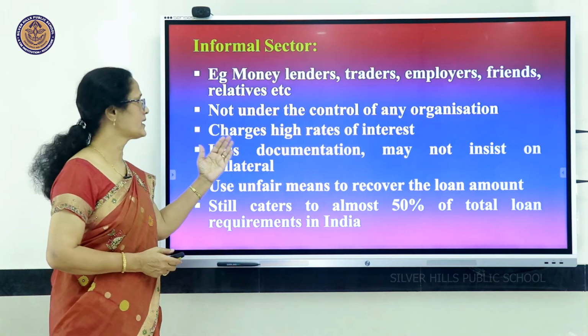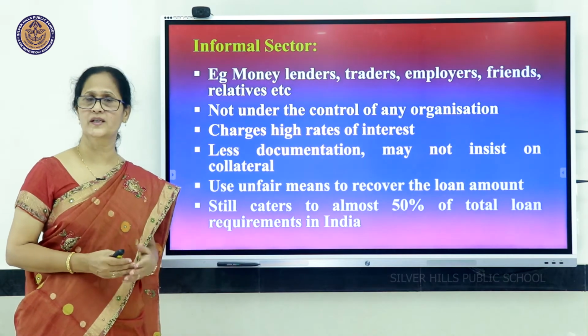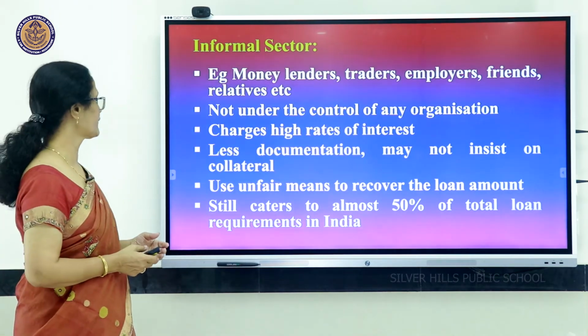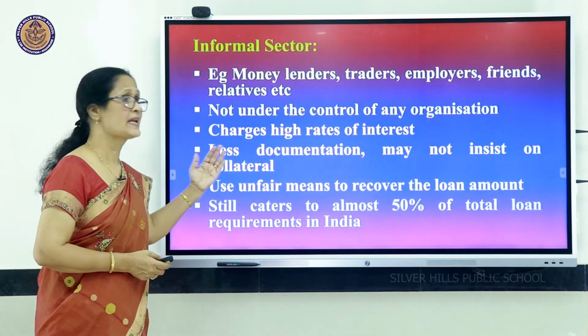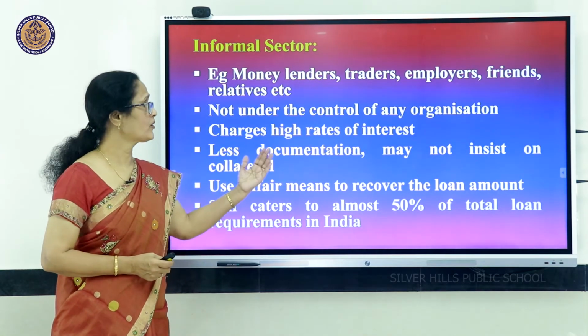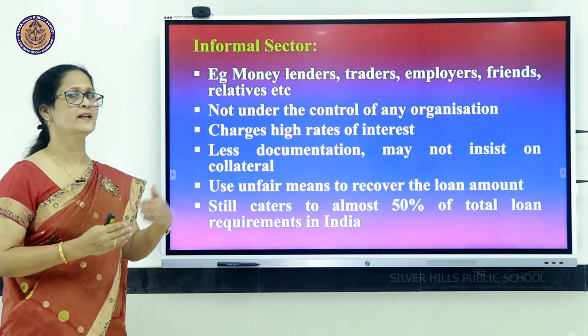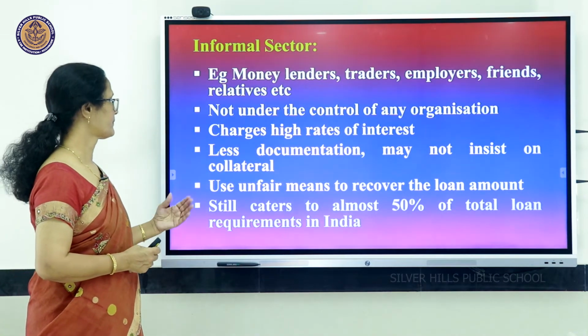Informal sector credit charges high rates of interest. According to their wish, they will fix the rate of interest. There is less documentation requirement. They may not even insist on collateral. Instantly, they will give loans.